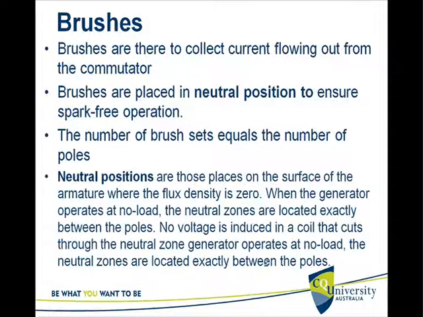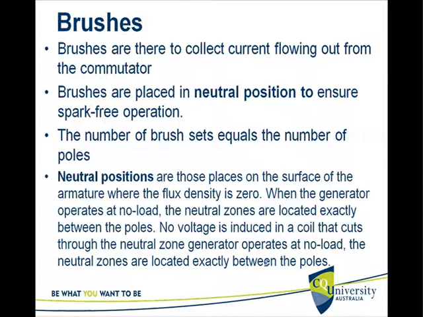Neutral positions are those places on the surface of the armature where the flux density is 0. I showed you that. When the generator operates at no load, the neutral zones are located exactly between the poles, as I showed. No voltage is induced in a coil that cuts through the neutral zone.